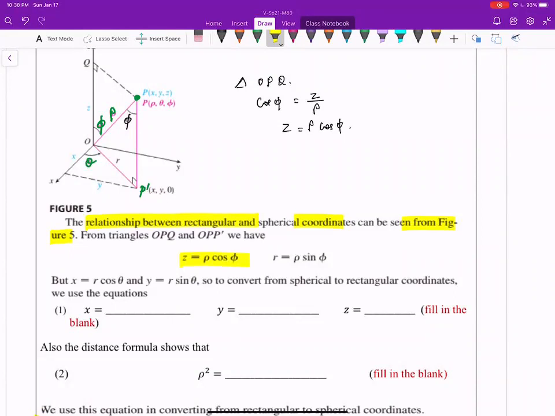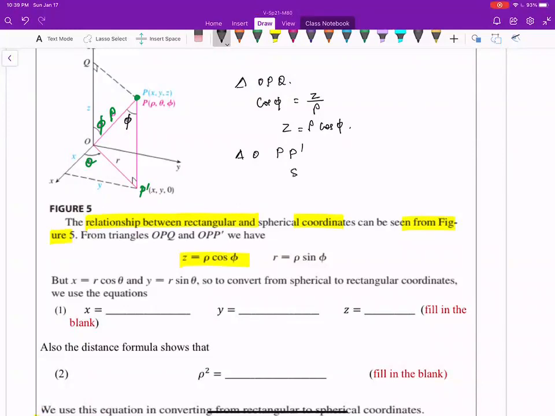Then what is r? From the triangle OPP prime, r is the side opposite to phi, and it's a right triangle also.